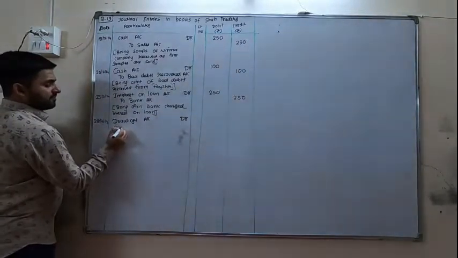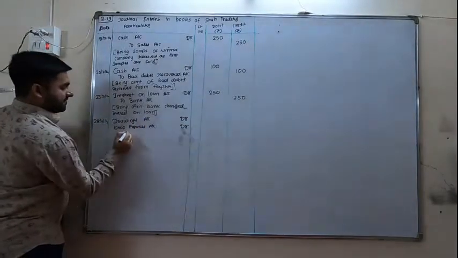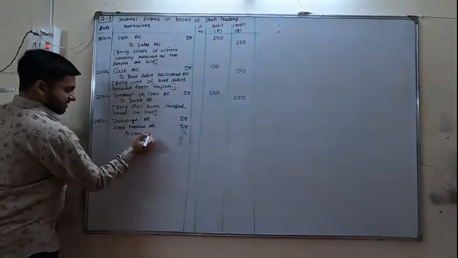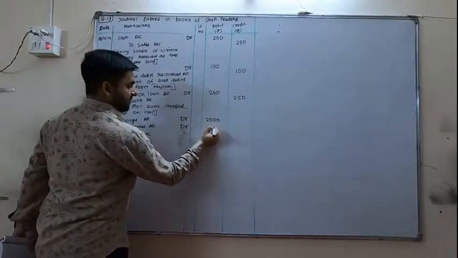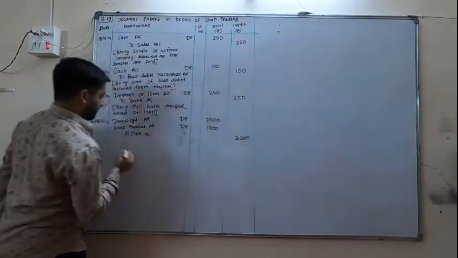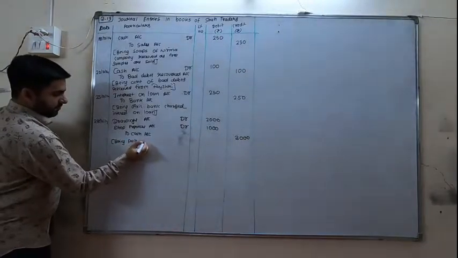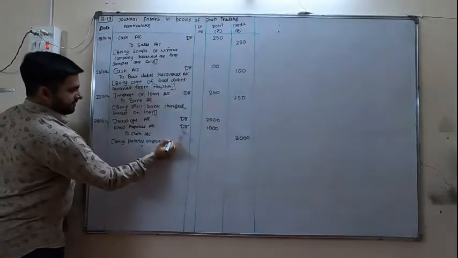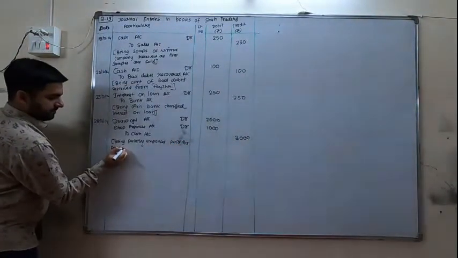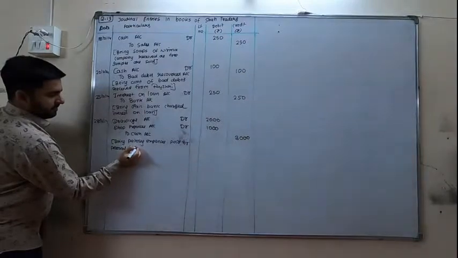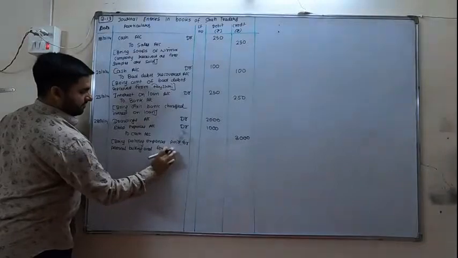We are paying for shop also, so shop expenses account debit, and we are paying, so cash is credit. 2,000, 1,000, total 3,000. Being painting expenses paid for personal building and for shop.